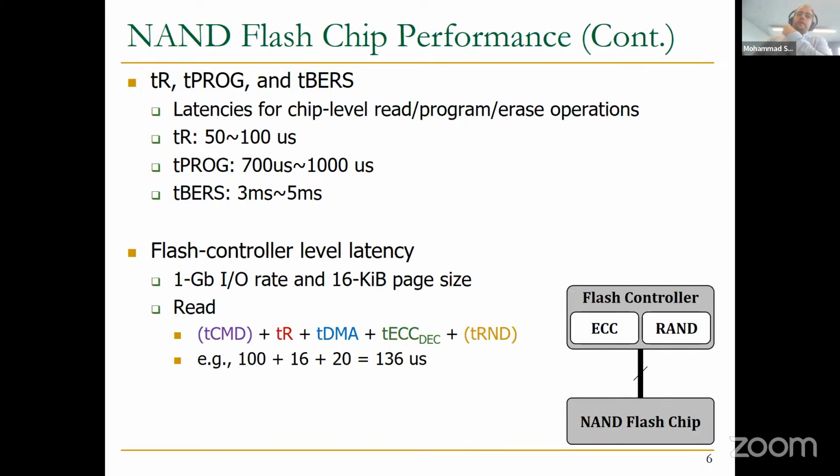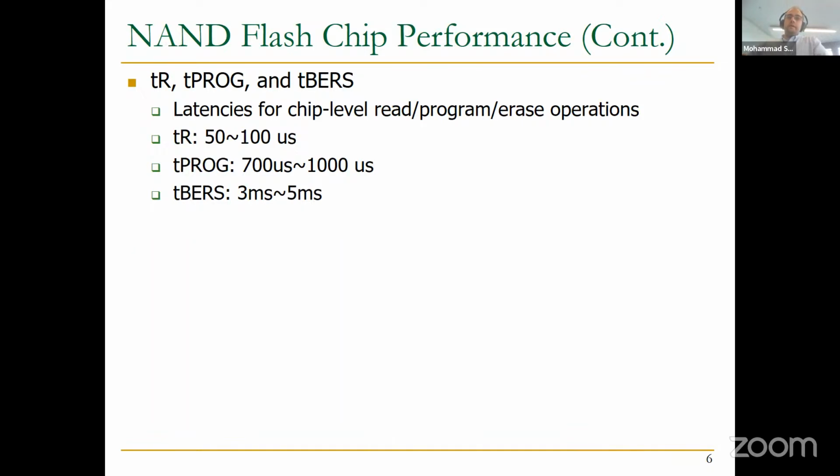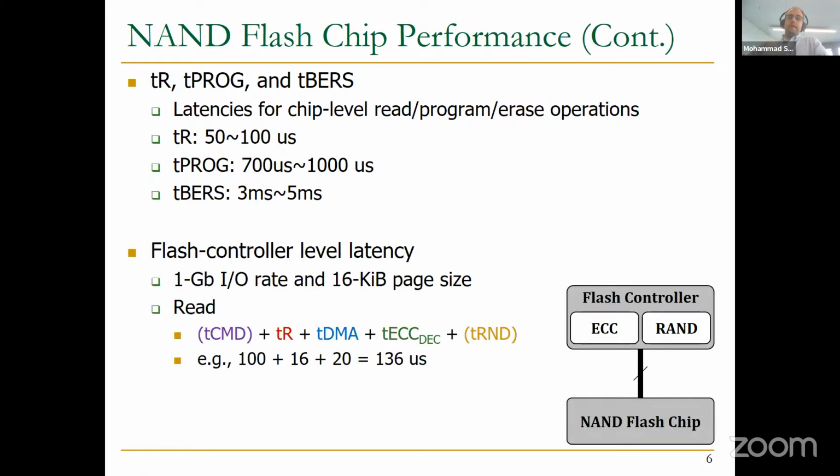So now, with all these numbers, let's get back to the calculation for normal read and write operations. We use the same assumptions as before. When you want to do a read inside the NAND flash memory, you first send a command to the NAND flash chip. Then the chip spends some time preparing your data in the page buffer, which we call tR.